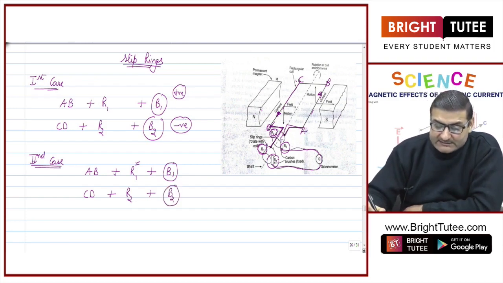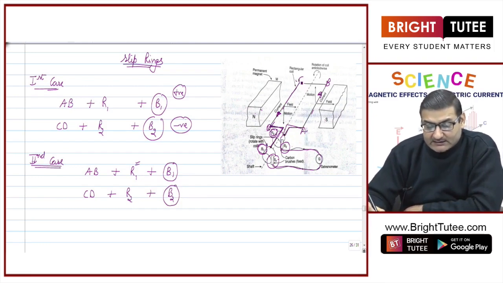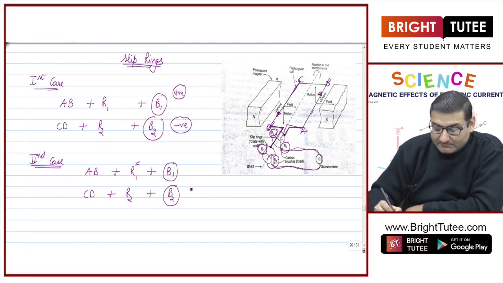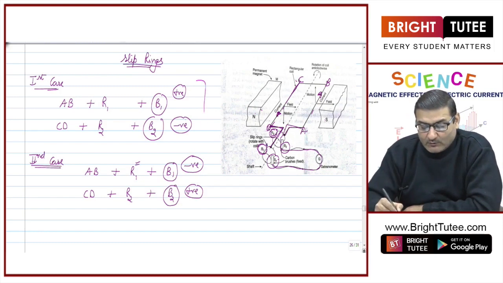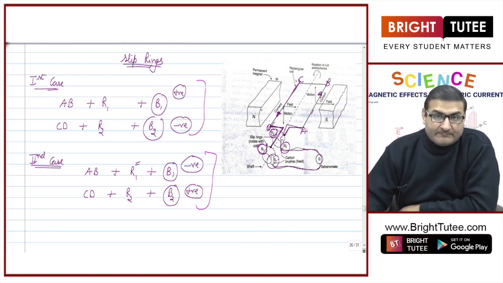Because now this CD has come this side and the current is coming in the downward direction, this B2 will become the positive terminal and B1 will become the negative terminal. This is quite important, and this is the important difference.